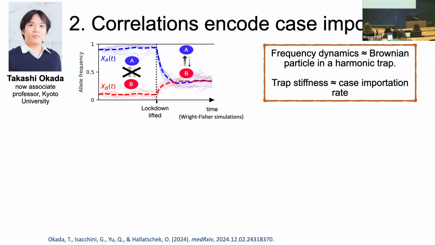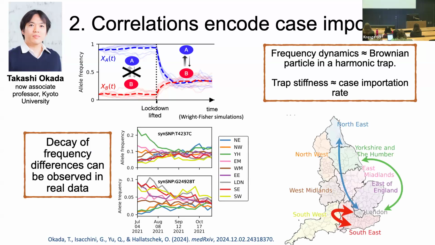This is really not key to understanding the rest. I just wanted to illustrate here that you can really see this regression to a common mean if you look at individual time series of just SNPs. This is what you see here. These are just two individual SNPs, for which you see the frequency time series during the Delta variant in different regions of England.